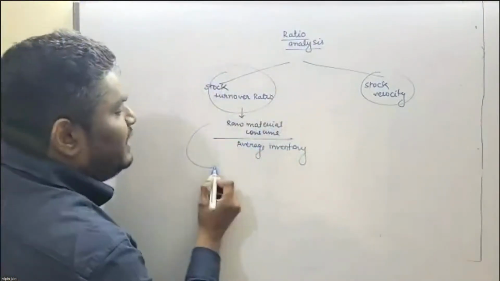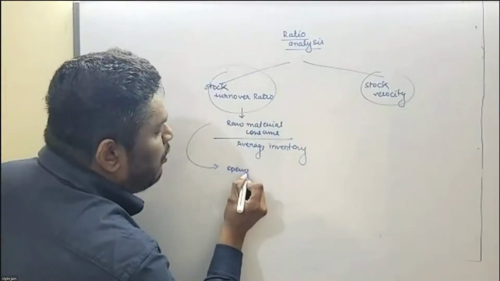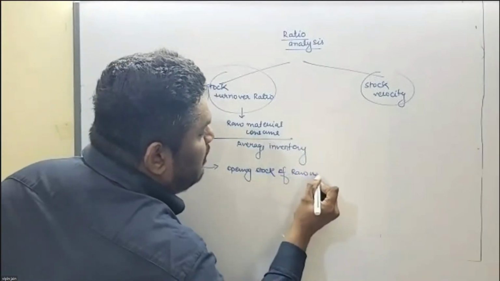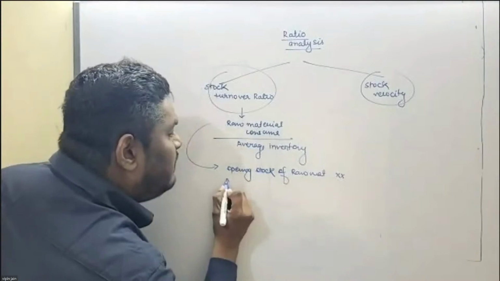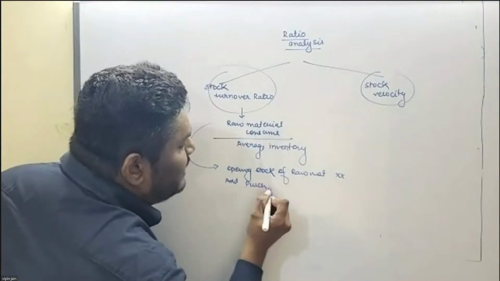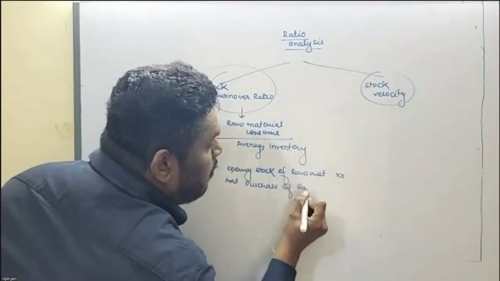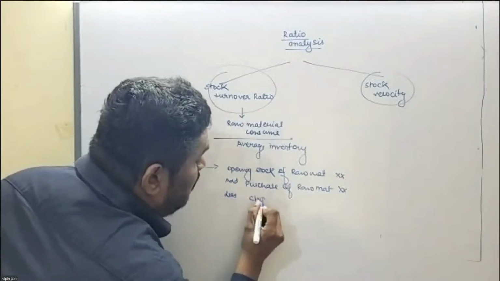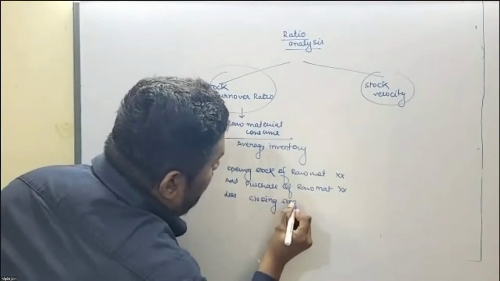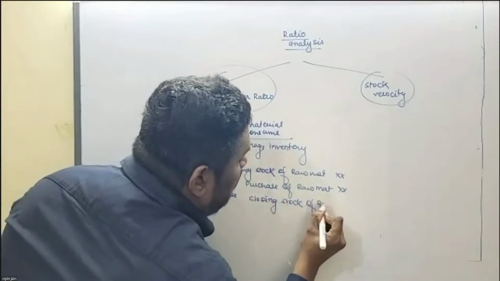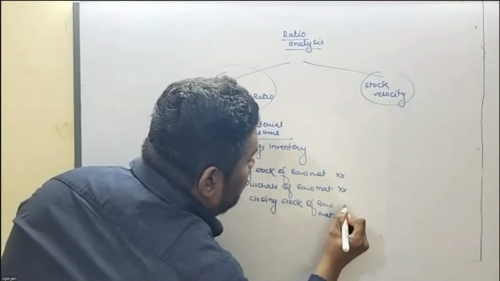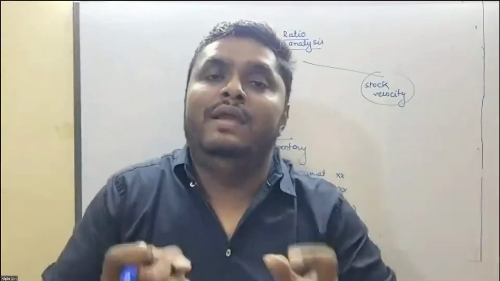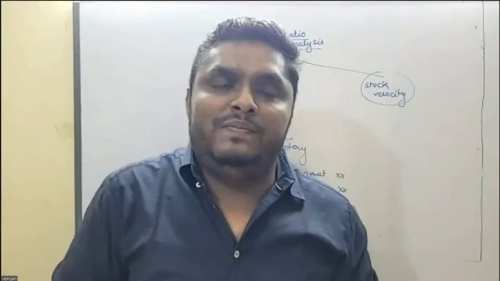So when talking about raw material consumed, it is opening stock of raw material, add purchase of raw material, less closing stock of raw material. This is raw material consumed, and when talking about average inventory, opening plus closing divided by 2.